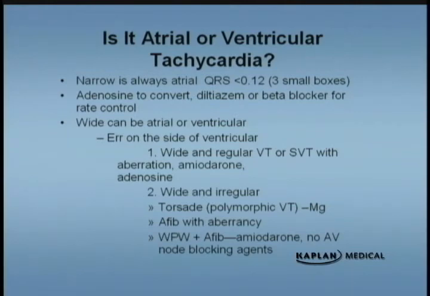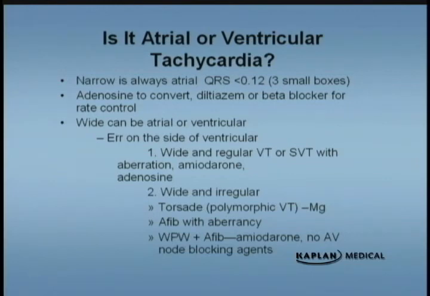If you're not sure, if it's a very wide complex, you're better off assuming that it's ventricular if you can't make up your mind. The treatment is safer. Okay, let's talk about the case of a wide and regular tachyarrhythmia. That's going to be either ventricular tachycardia or SVT with aberration.